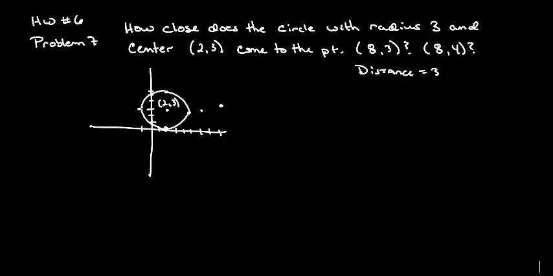Well, what I need to do is I need to find the line containing these 2 points, right? Okay. And if I find the line containing those 2 points, what I want is, when does that line intersect this circle? Okay, so if you think about, I've got the edge of my circle, and I've got some point out here.